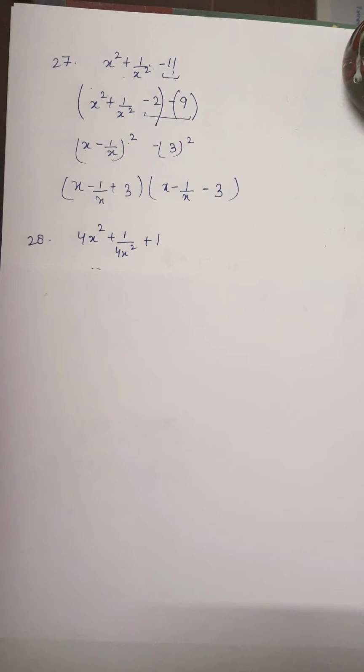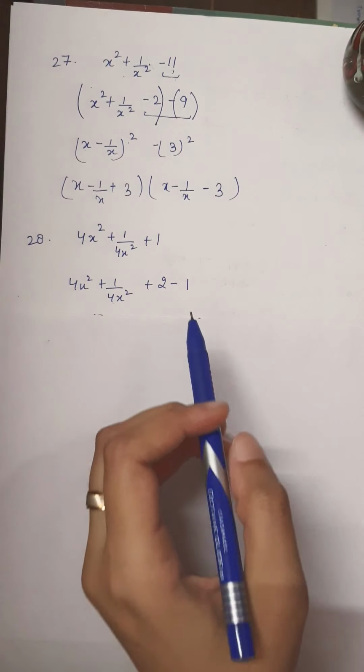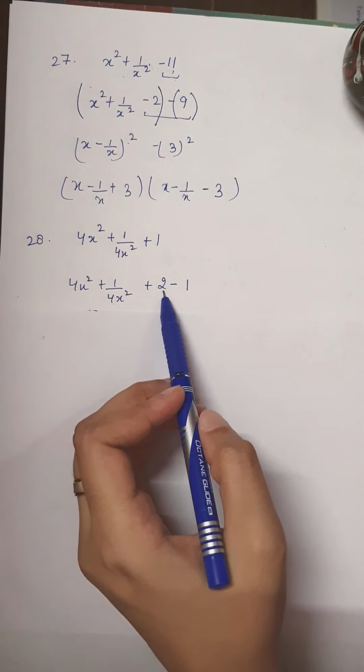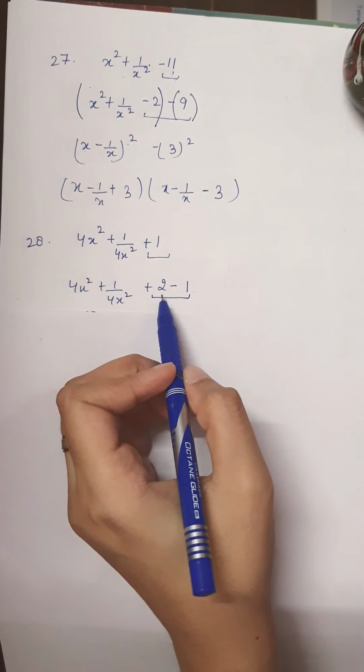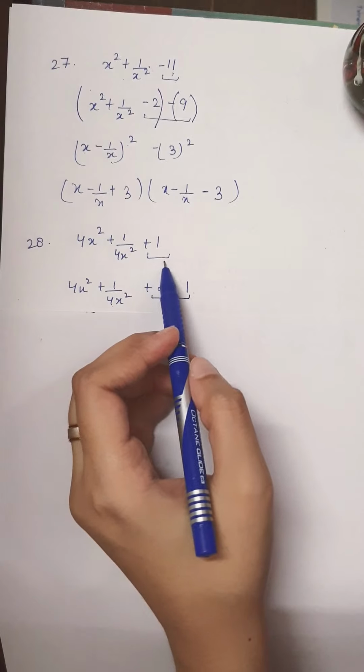Now a similar type of question, 28. Try it out. Try making 4x square plus 1 by 4x square a perfect square by splitting plus 1. I hope you have done. Now 1 I have split as plus 2 minus 1, because plus 2 minus 1 is ultimately plus 1.